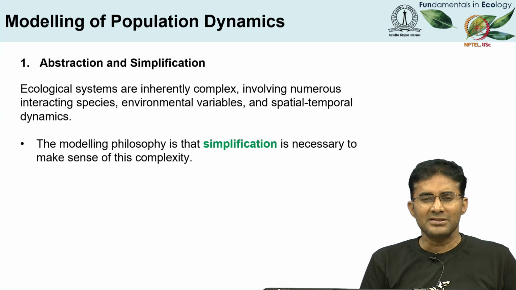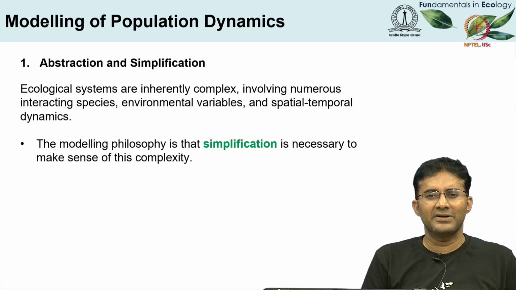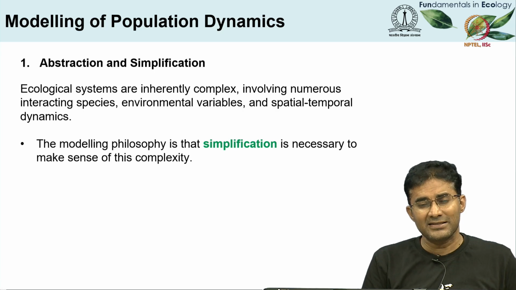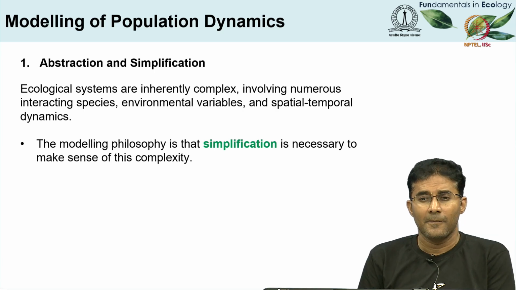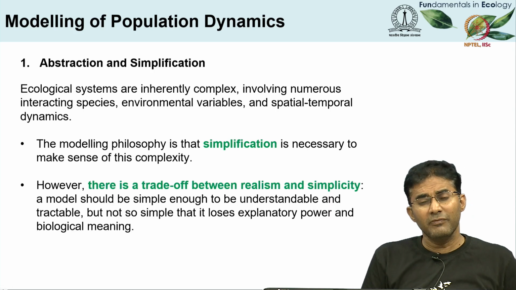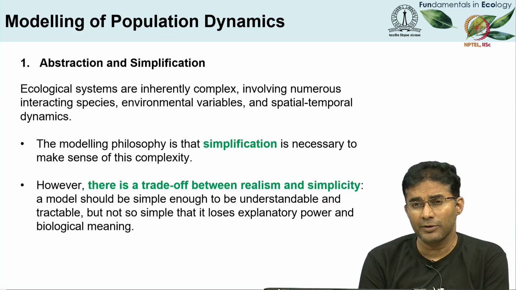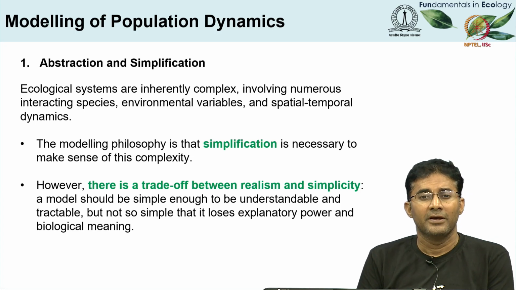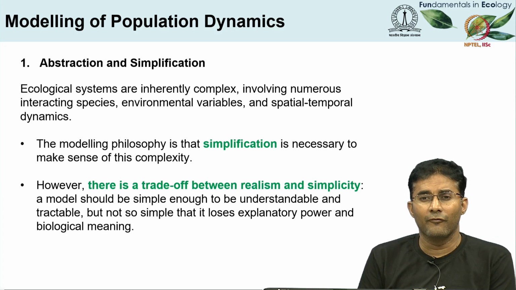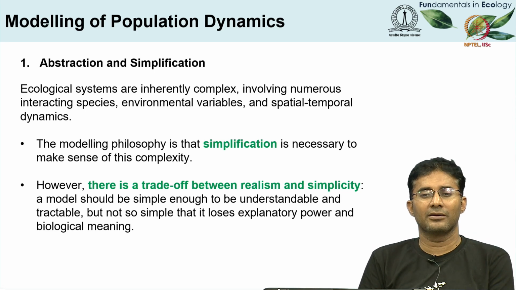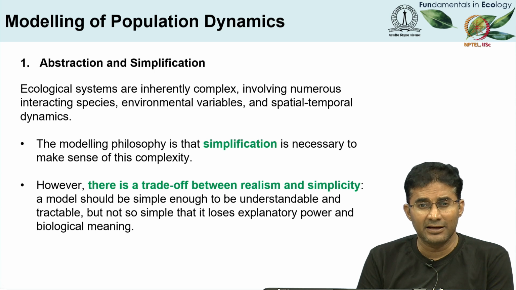In some sense the modeling philosophy is that simplification is actually necessary to make sense of the complex systems that ecological systems are. However, it is important to keep in mind that there is a trade-off between realism and simplicity. If models are way too simple, they are going to be eventually biologically useless in explaining any real data patterns.